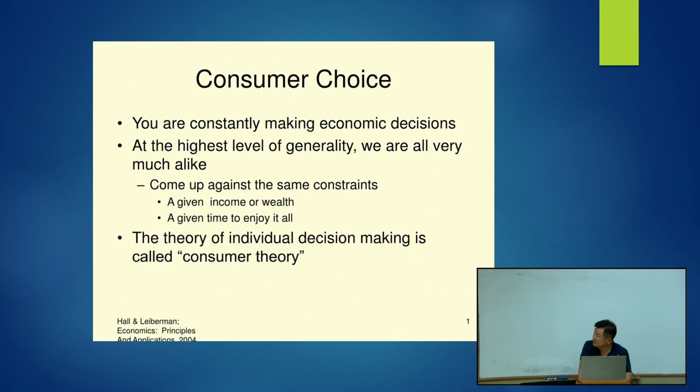The other definition is that consumers are constantly making economic decisions at the highest level of generality. Also, we are all very much alike in that we come up against the same constraint, a given income or wealth, and given time to enjoy it all.